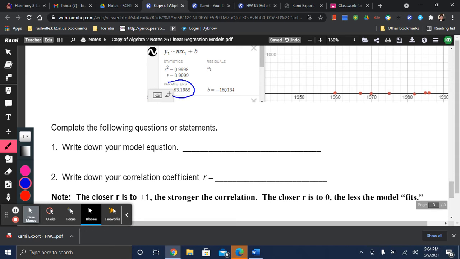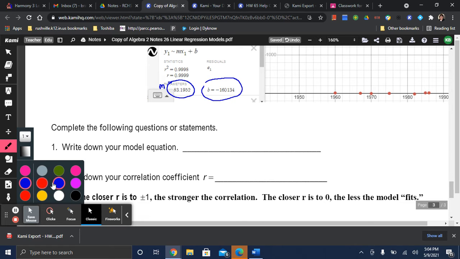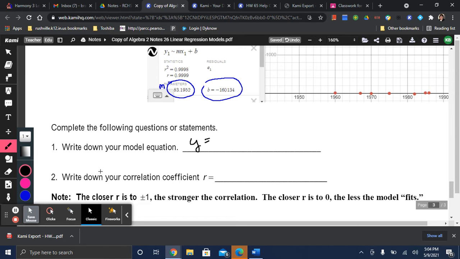This number is M, and it's covered up by that keyboard, but this is M, and this is B. So in your equation, you'll have Y equals, and then M, which is 83.1952, and then we'll put X, and normally we would put plus, but your B is a negative, so I'm going to go ahead and leave the minus sign, 160,134.